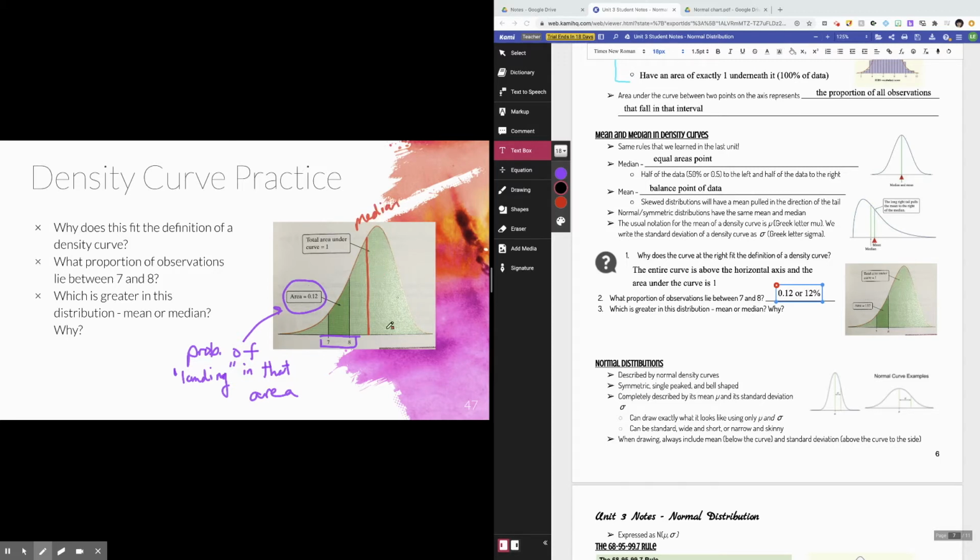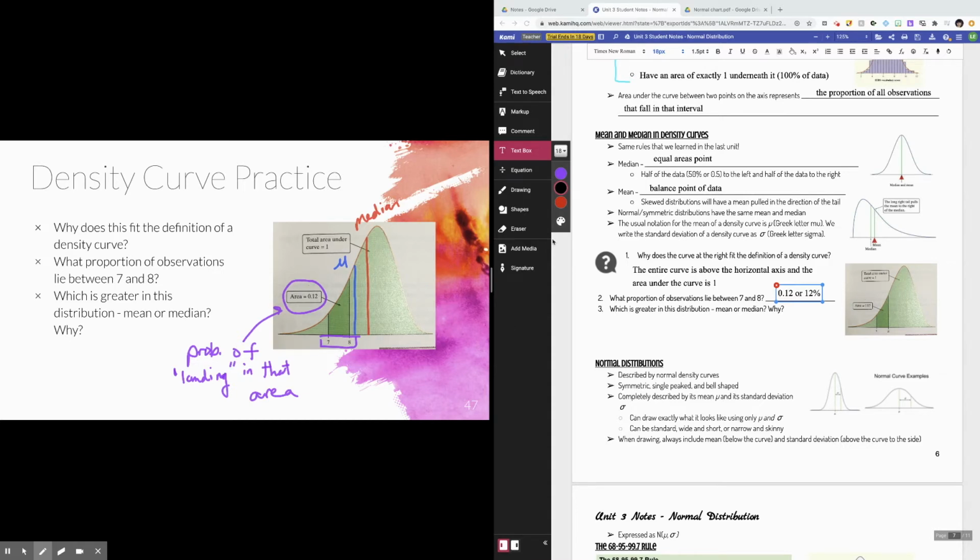It looks like about half of the curve is to the right of that and about half is to the left, which is what we want. But this distribution is skewed to the left, right? Because the tail is being pulled to the left, which means the mean is probably around here, right? Being pulled towards the tail.